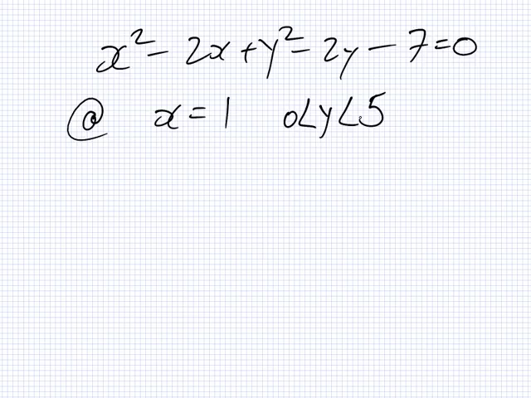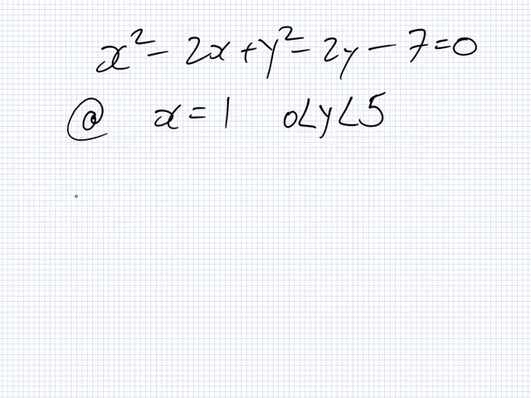Okay, so here I want to find the normal. Remember, the normal is perpendicular to the tangent, and the tangent slope will be the derivative. So first I should find the derivative.